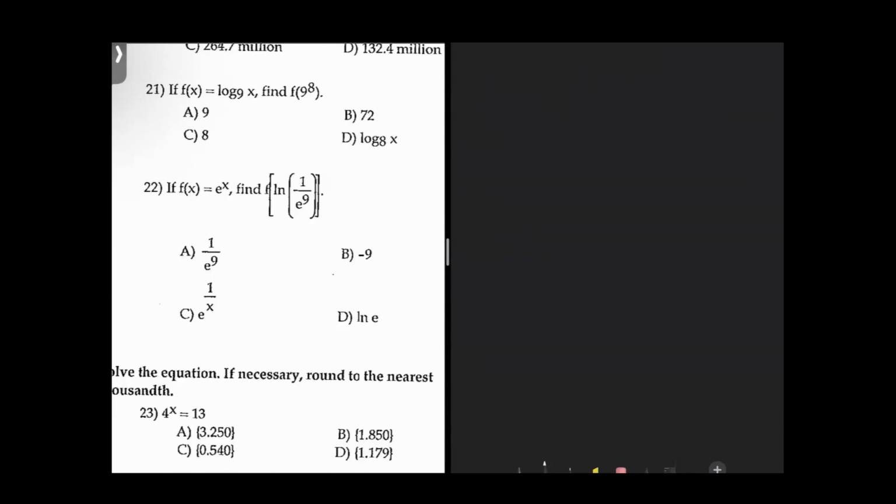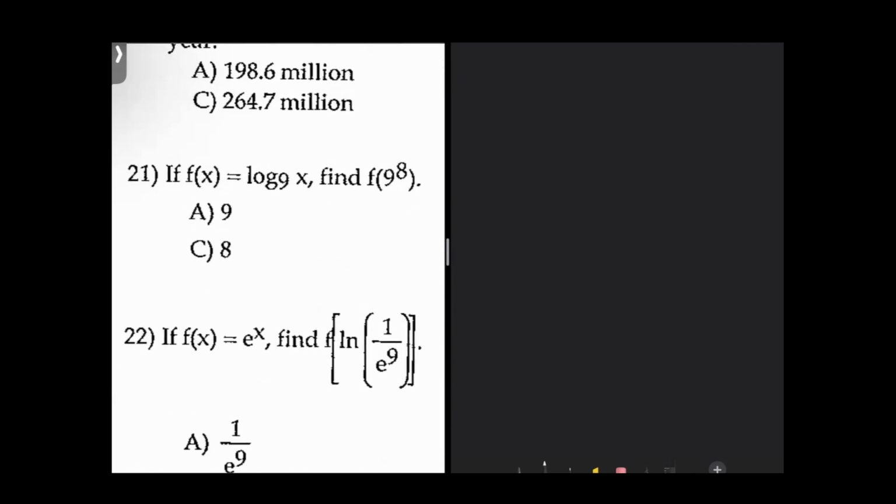Number 21. We're given a logarithmic function with the unknown x given. So let's go ahead and work this problem. Whenever the x is known, just simply replace it with the x in the function. So we're given f of x equals log base 9 of x, where we have f of 9 to the 8th power.